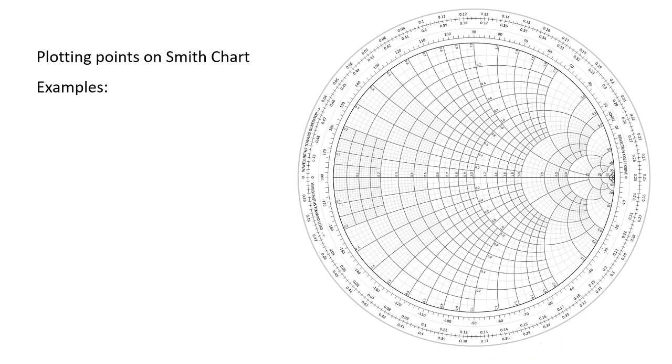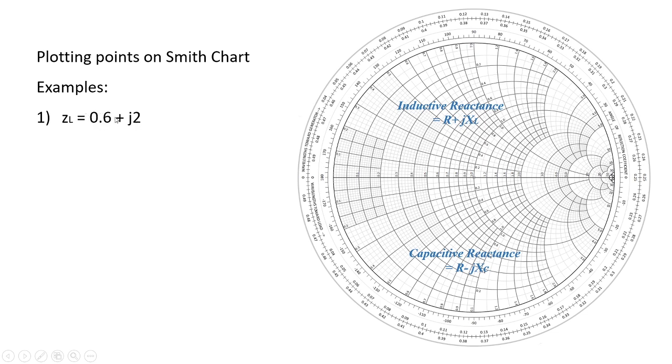Now we'll plot some basic points on the Smith chart, but before that you must know that the upper semicircle of the Smith chart represents the inductive reactance, which is of the form R plus JXL, and the lower semicircle represents the capacitive reactance, which is of the form R minus JXC. Now first example, ZL equals 0.6 plus J2.